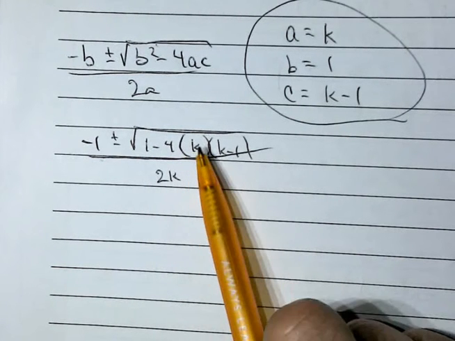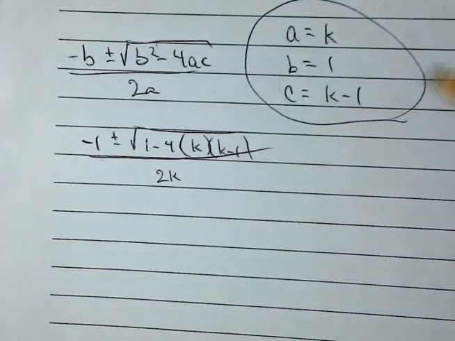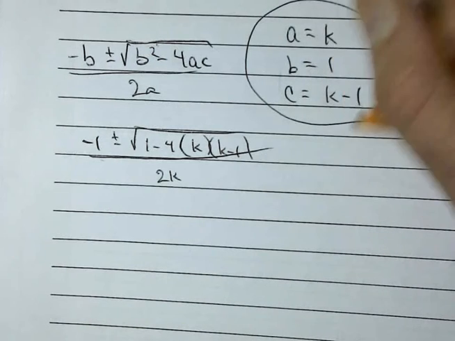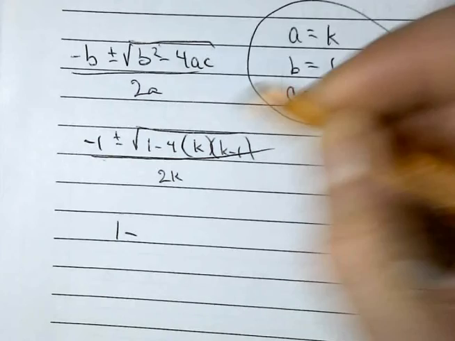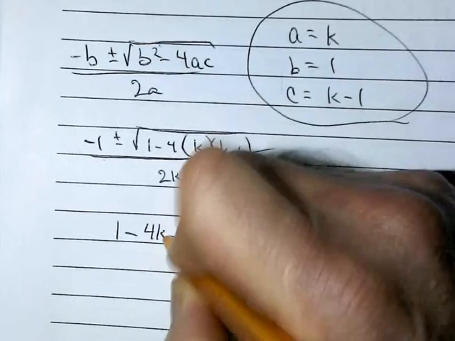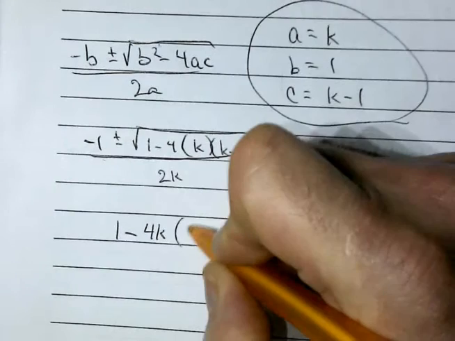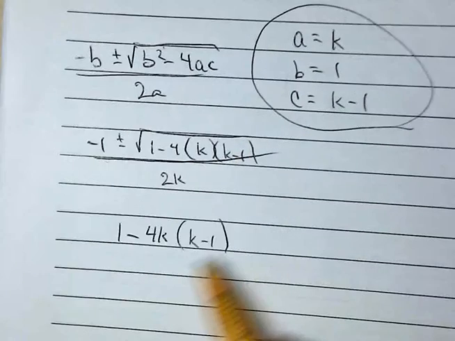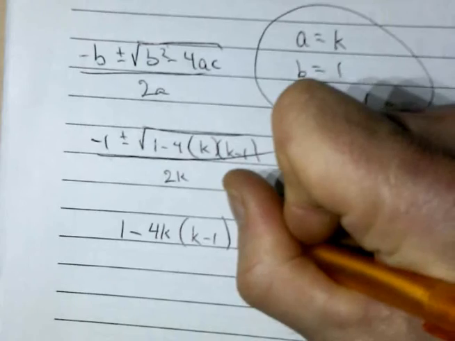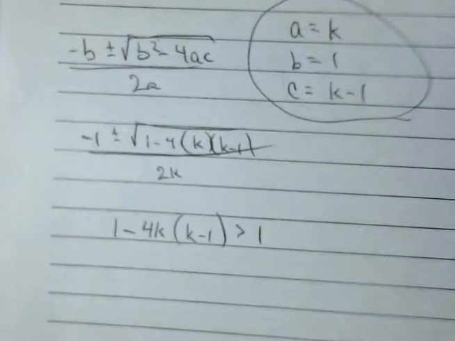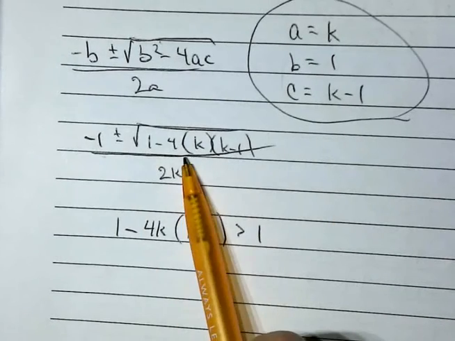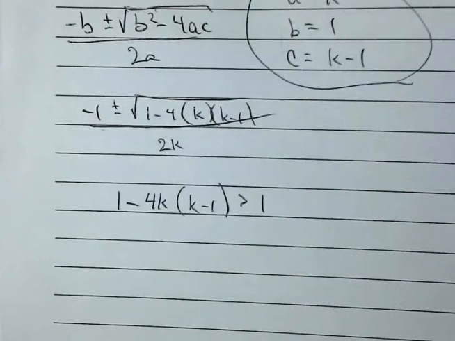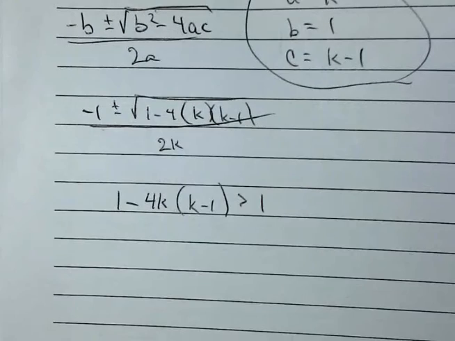So that means this crucial part here, 4k times k minus 1, this piece needs to be greater than 1 in order to make what's under the square root positive.